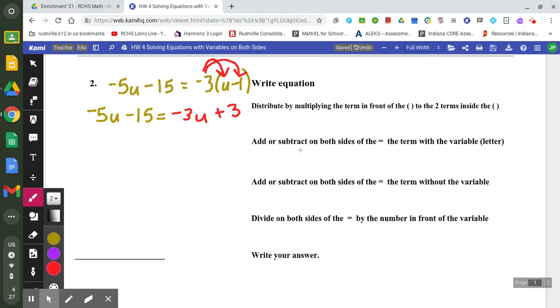Then I'm going to add or subtract on both sides of the equal sign the term with the variable, which is the u. So I'm going to add 3u to both sides of the equal sign.